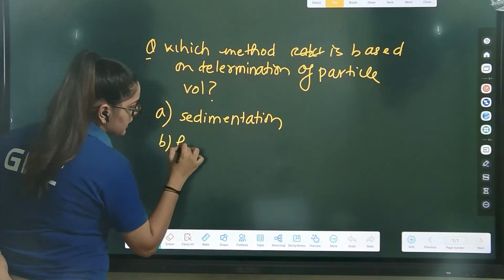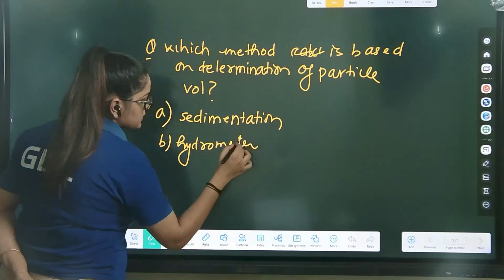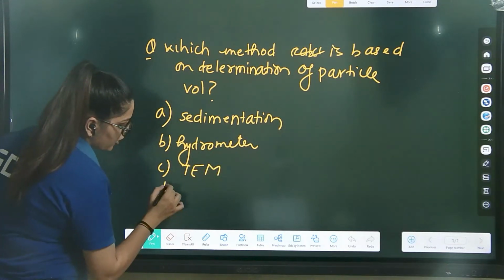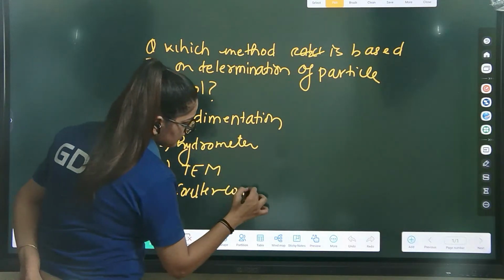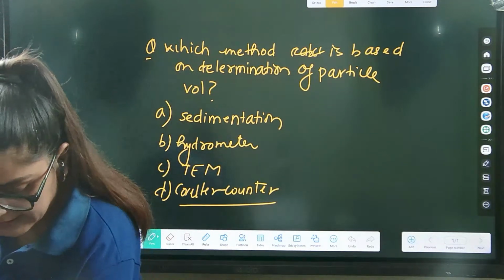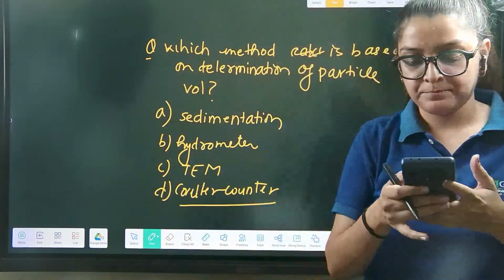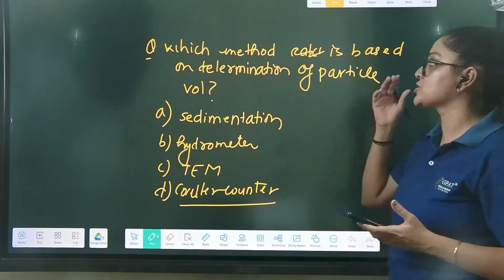Second option is hydrometer. Third option is TEM. Fourth option is Coulter-Counter. Let's see how many of you are able to answer this question quickly. I am waiting for your responses. How many of you are able to answer this question? Very simple question.